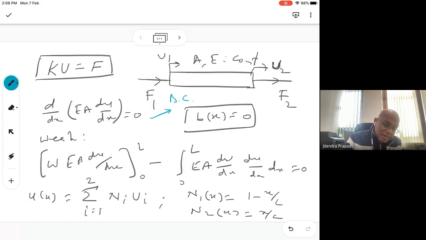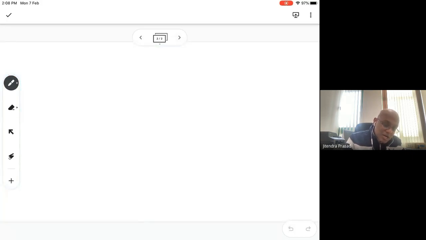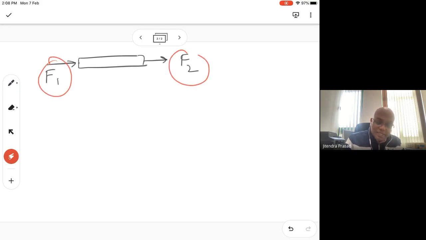Okay, so let's look at the boundary condition. What boundary condition are we giving? So we have the bar here. At one end we have F2, at the other end we have F1. Both are in the positive x direction. Now we know this one, right?